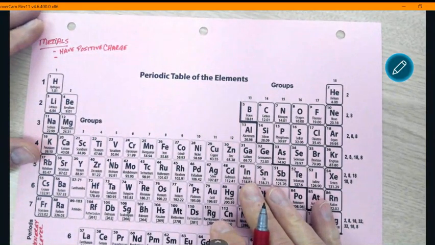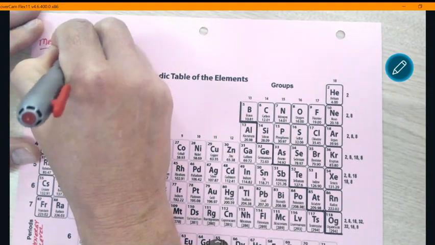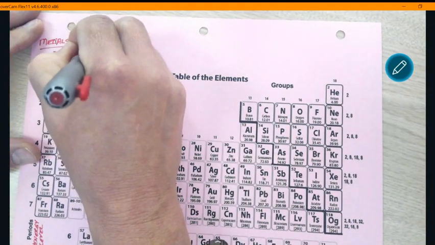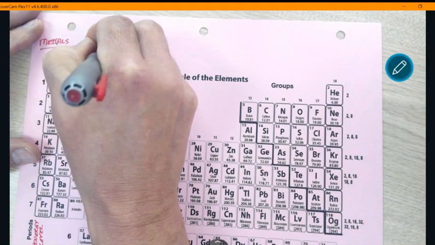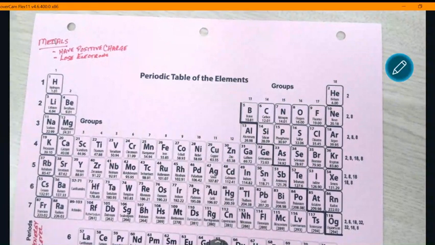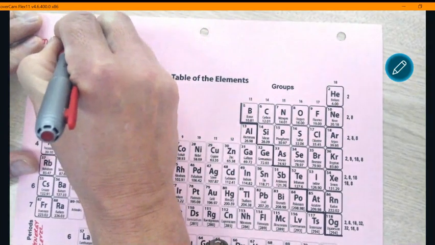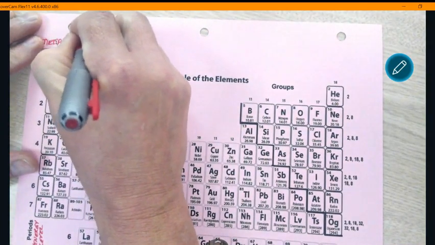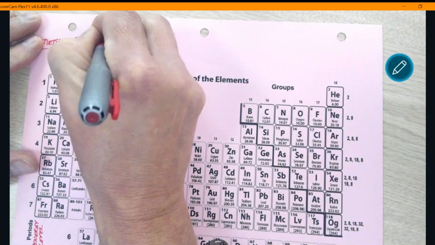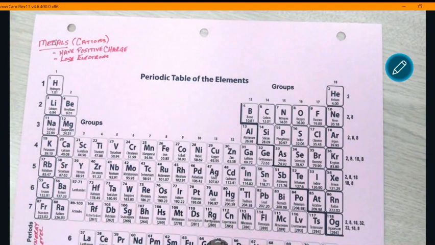Because they lose electrons. Metals always do this, ladies and gentlemen. Metals always lose electrons. They always have a positive charge. Therefore, we call them cations. Cations always have a positive charge, ladies and gentlemen.